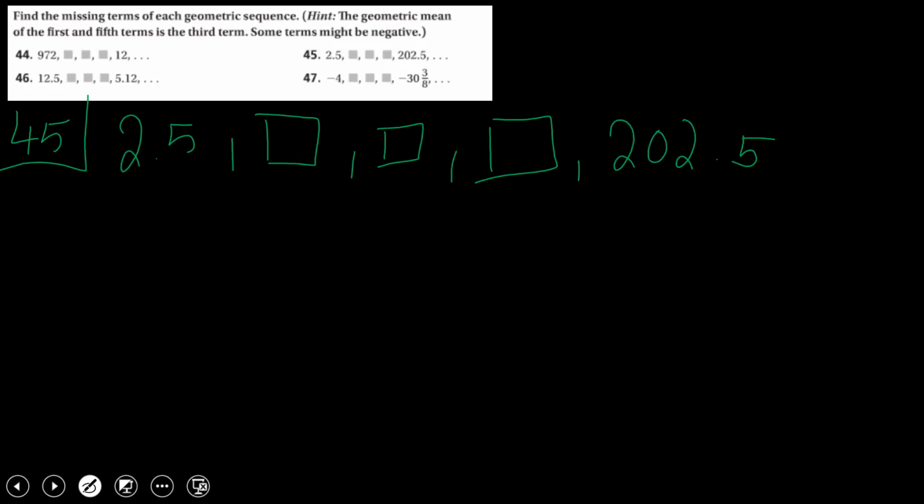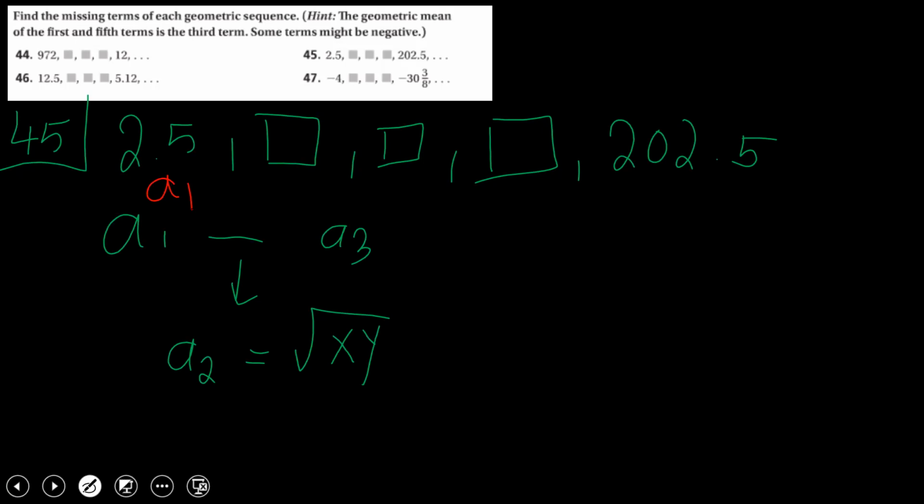If I have a sub 1 and a sub 3, I can find a sub 2 using the geometric mean, the square root of x times y. What about now if I have a sub 1, as you see here, and a sub 5? How can I find a sub 2, a sub 3, and a sub 4?